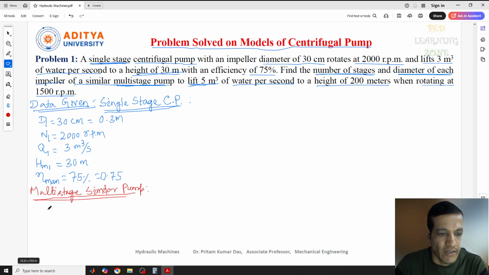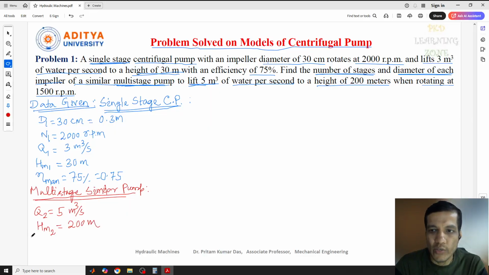In the second part, find the number of stages and diameter of the similar multi-stage pump which lifts Q2 is 5 meter cube per second, to a height of 200 meters. That means the manometric height HM2 is 200 meter, and it is rotating at 1500 rpm. So here n2 is 1500 rpm. These are the data given.